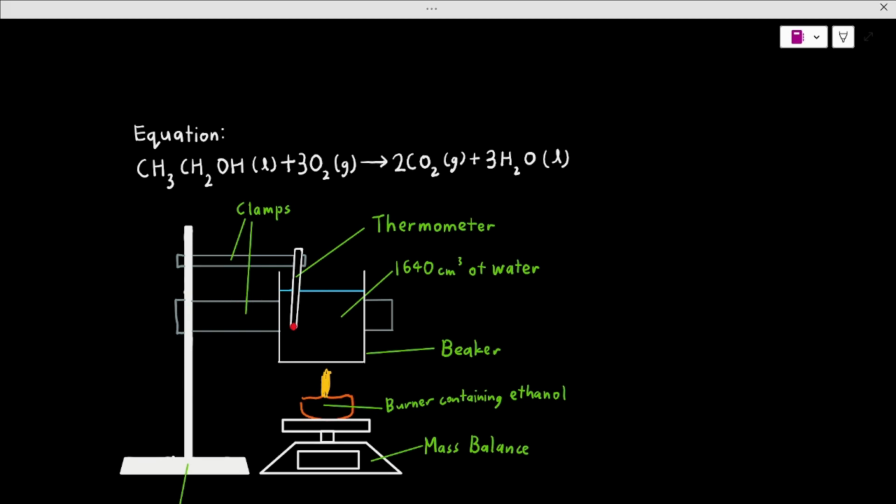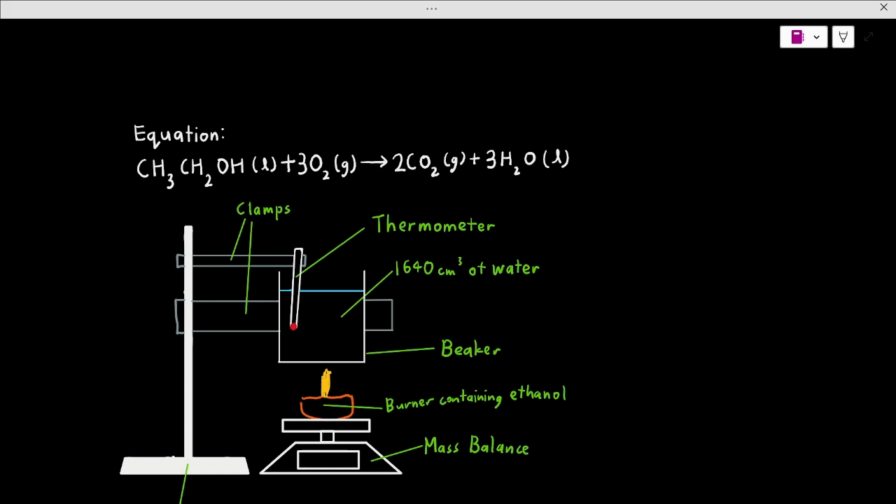So using this setup right here, we can determine how effective of a fuel source ethanol is. To do so, we are going to calculate the enthalpy change of combustion of ethanol. To do that, we are going to need to burn some ethanol, make it undergo combustion, and then we need to heat up something, which is in this case water, and we have 1,640 cubic centimeters of it.